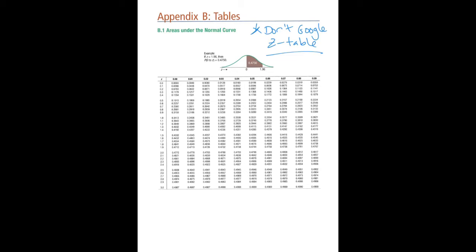The reason is that the z-table can be read different ways, and sometimes it's organized in slightly different ways. The z-table that we're going to be using for this class is shown this way. It gives us the areas as such. If I have a normal distribution, here's our mean of that distribution. The z-table here in the textbook gives us an area between the mean and some z-value.